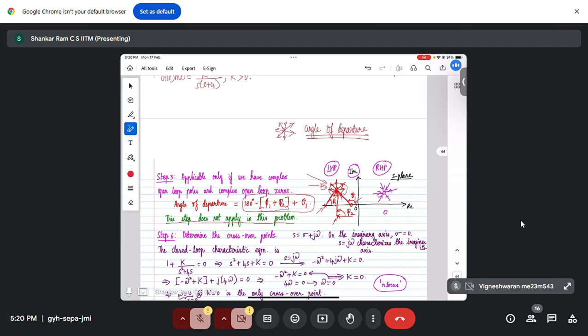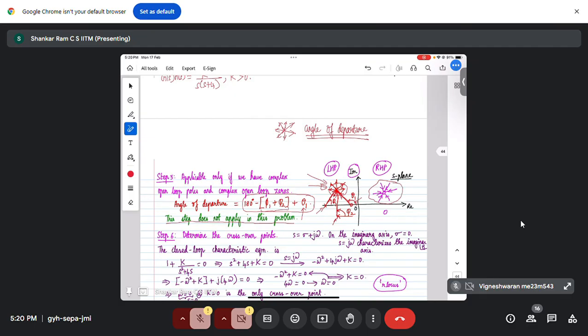And theta1 is the angle made by the open loop zero, the only one open loop zero in this example, that is, the vector drawn from the zero to this particular pole under consideration. This step applies only when we have complex open loop poles. We calculate the angle of departure using this concept. Similarly, we calculate the angle of arrival.